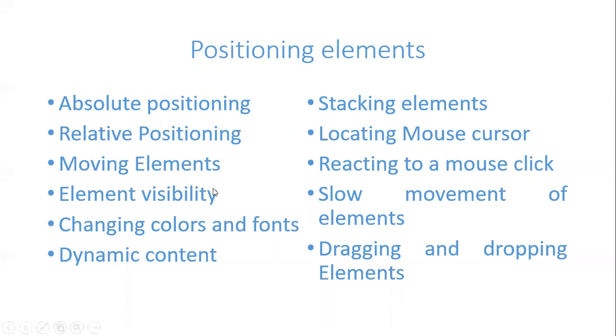Then we can check the element visibility, change the colors and fonts of the display, dynamically change the content, stack elements one above the other, locate the mouse cursor, react to a mouse click, slowly move elements, and drag and drop elements. In the next part, I'll give you a demo of all these positioning elements.